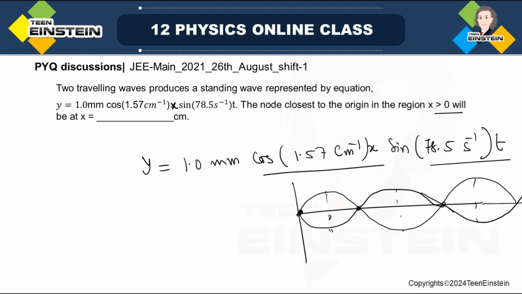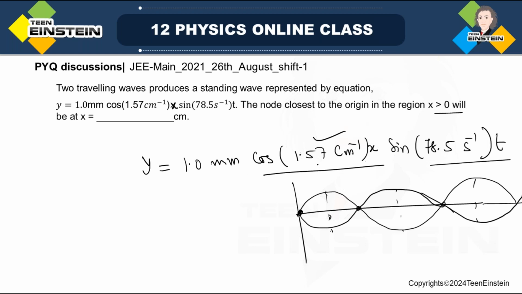Okay, these are not changing, but the positions of nodes and antinodes will be obtained from here, at different times. Okay, so let us find out the closest node near the origin.